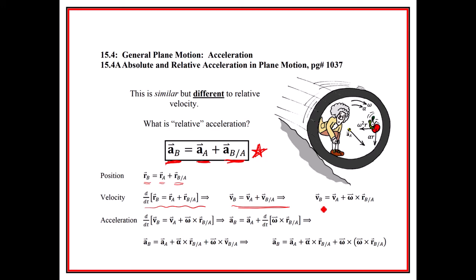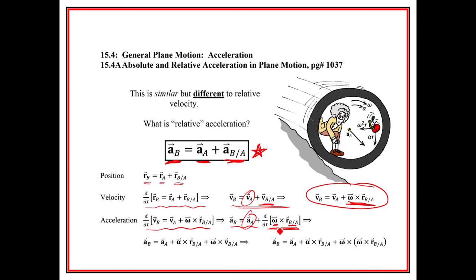But now, we could break down that relative position vector this way right here. If we take the time derivative of this, the time derivative of the velocity here is just the acceleration, but we want to take the time derivative of this part right here. And because of the, did we say the product rule? Yeah, the product rule. We have to take both the derivative of omega and the derivative of r_B/A.